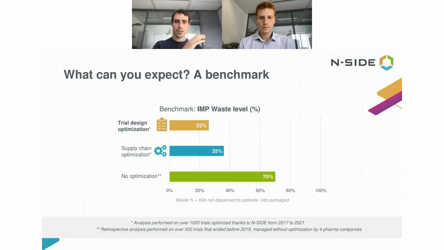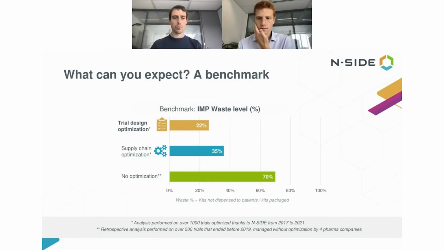And what we see is that the earlier we optimize, the lower this waste level will be. And this level of 22% is something we're very proud of that we've been able to achieve. If we optimize trials early on during the protocol writing phase, then we can get down to 22%. This is not something that is implementable in like a day or a week.